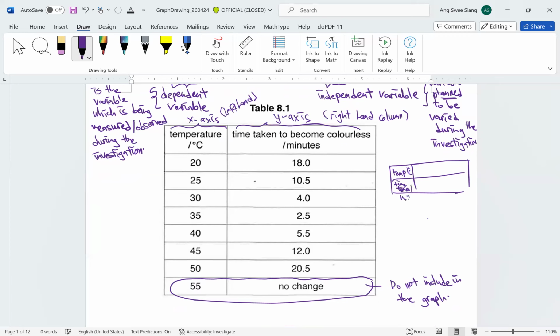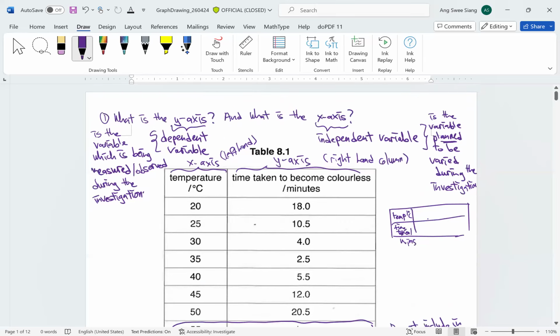In this format, usually the x-axis is put on the top and the y-axis is below. So if you really cannot remember what is independent variable and dependent variable, the next best scenario is, if you can remember Mr. Ang said the x-axis is usually in the left-hand column or the top row, then at least there's still a chance for you to get it right.